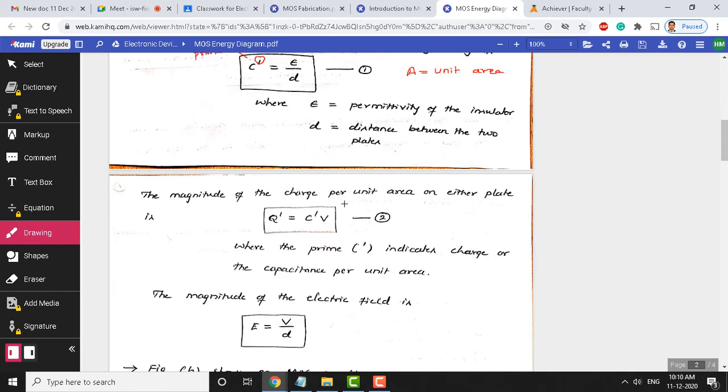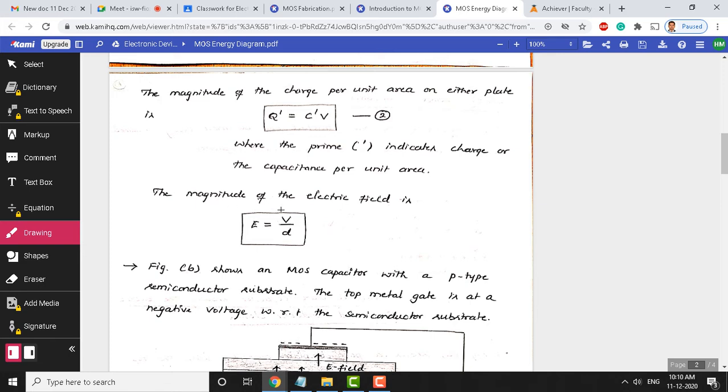The magnitude of the charge per unit area is calculated using the same capacitance per unit area. If you multiply by the applied voltage, we get the charge per unit area, denoted as Q prime is equal to C prime times V, where C prime is the capacitance per unit area and V is the applied voltage. The magnitude of the electric field is given by E is equal to V by d, where V is the applied voltage and d is the distance between the plates.